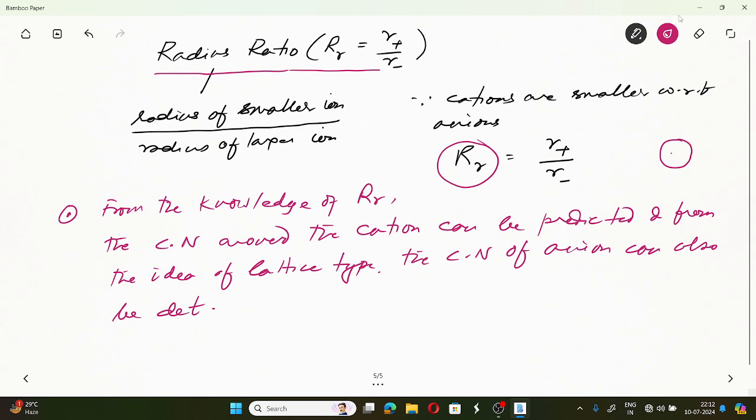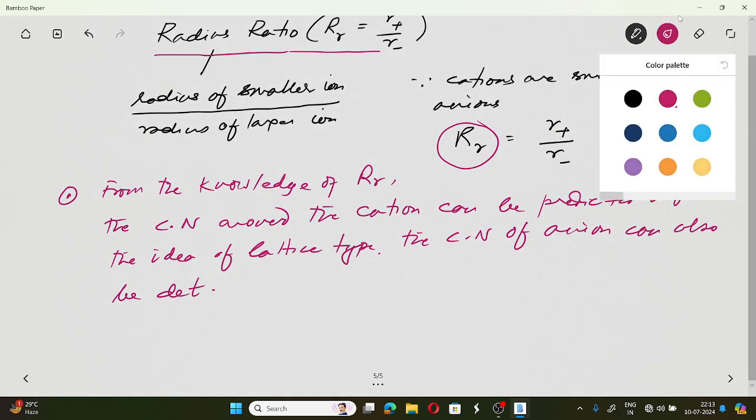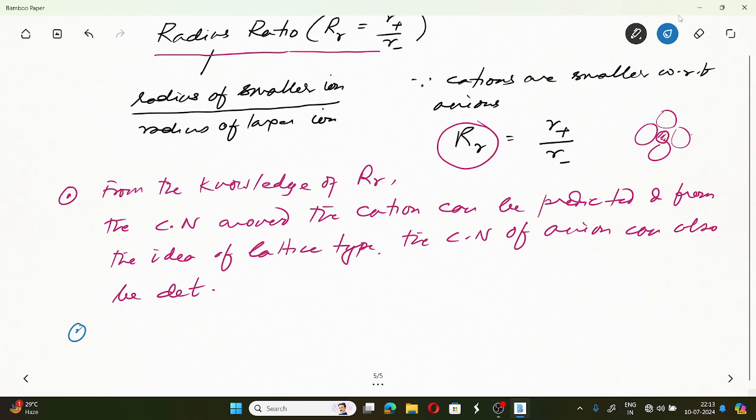Suppose this is the cation. We can predict the coordination number. Suppose it is 4, for example, like this. We can predict the coordination number if we have some knowledge about the radius ratio. We can think like this. Suppose the size of cation is small.